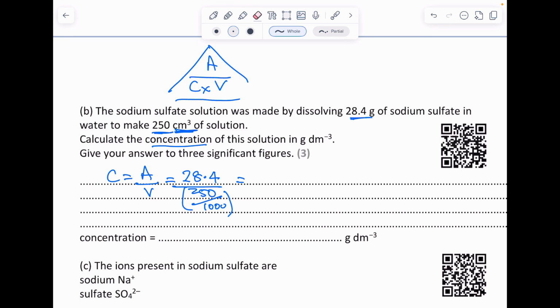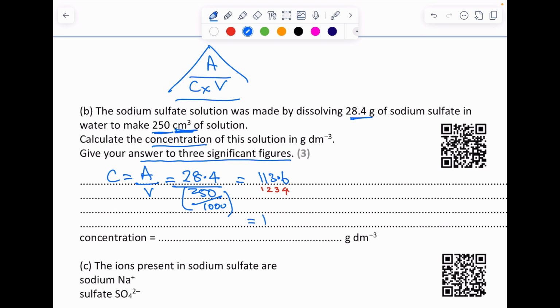Plug it into my calculator, so 28.4 divided by 250 divided by 1,000, and we have got 113.6. We want to give our answers to 3 significant figures, so if we just check what we've got, 1, 2, 3, 4.